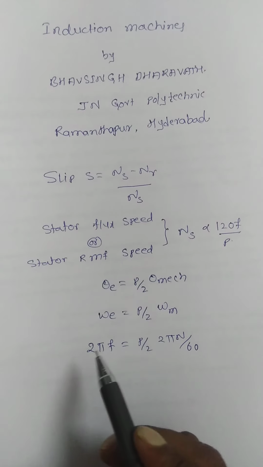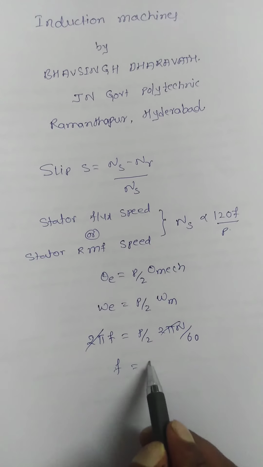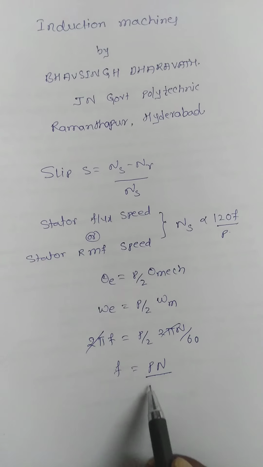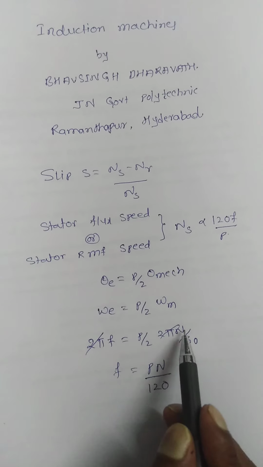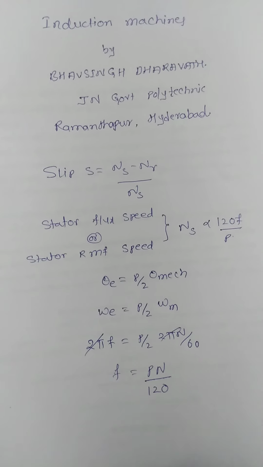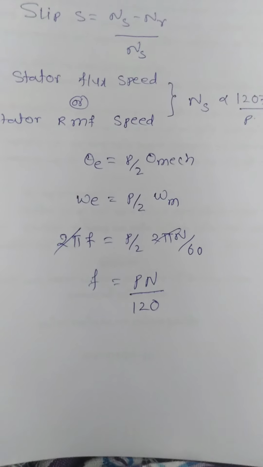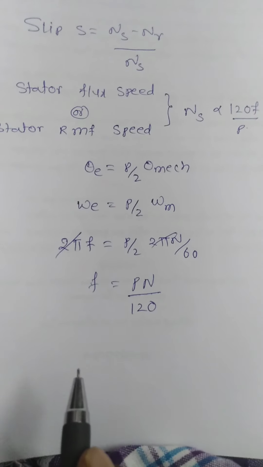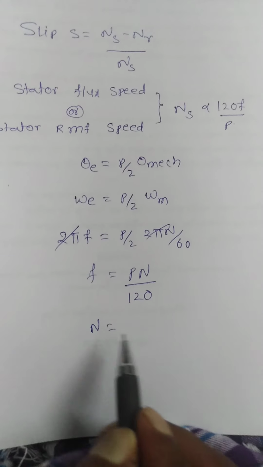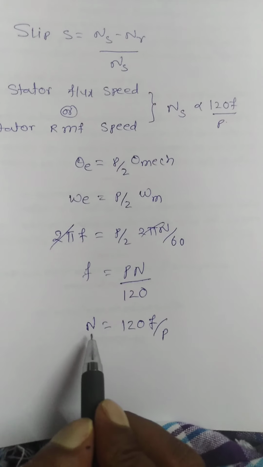So 2 pi cancels, and f equal to pn by 120, since 2 into 60 is 120. So f equal to pn by 120. From this equation, n equal to 120 f by p. So this is ns.